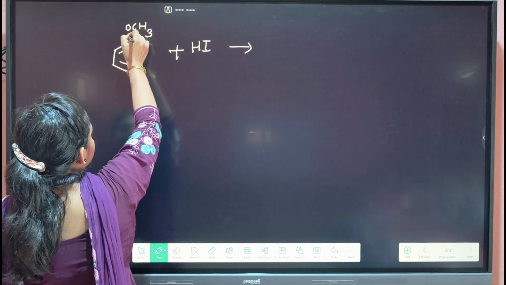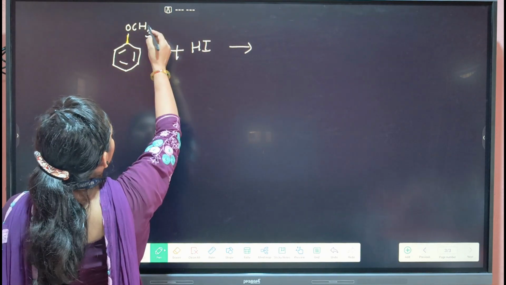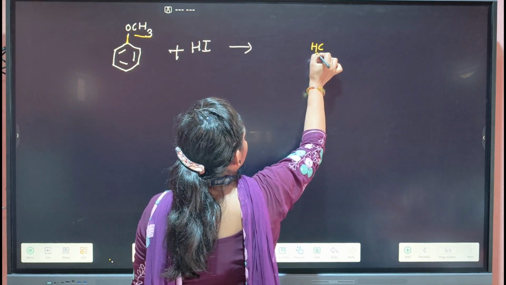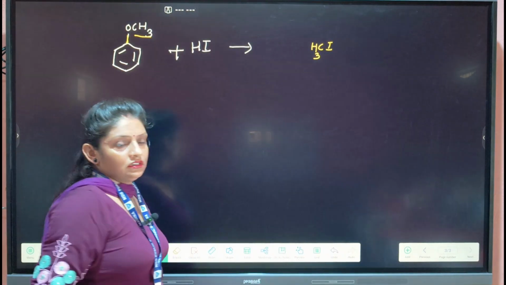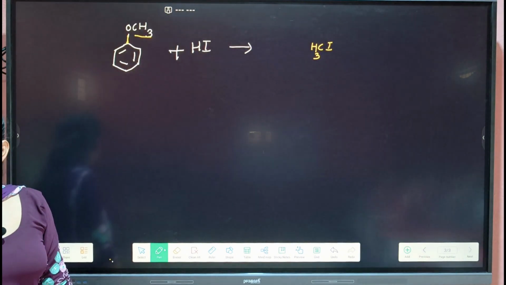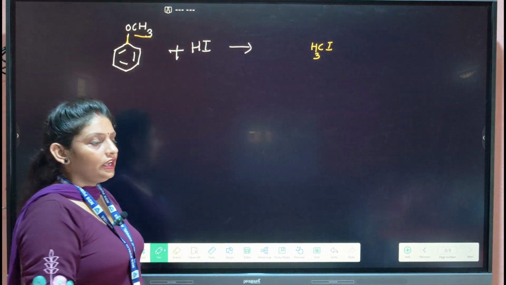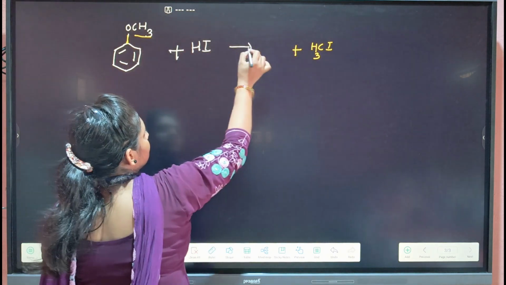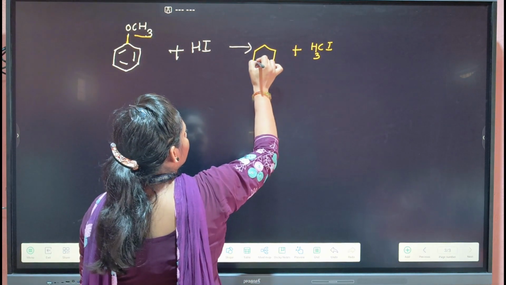Iodine will attach to this, so methyl iodide, because it will attach at the small group where less hindrance, less crowdness is there, and phenol will form.